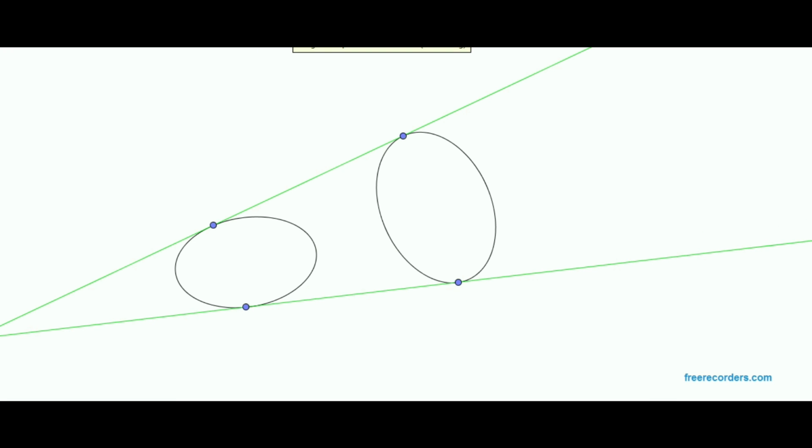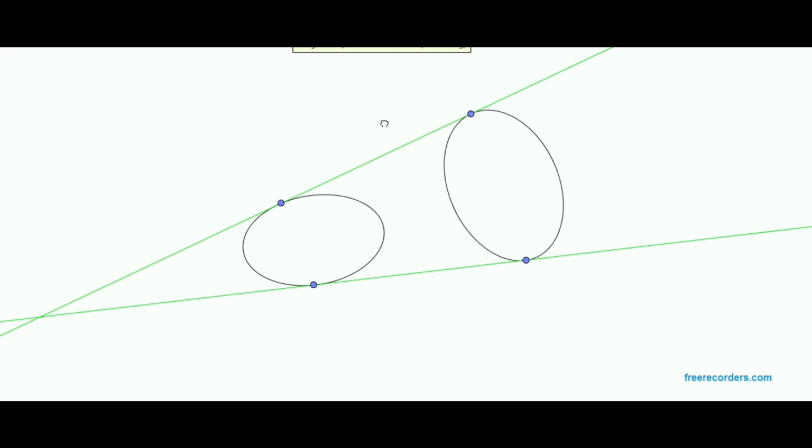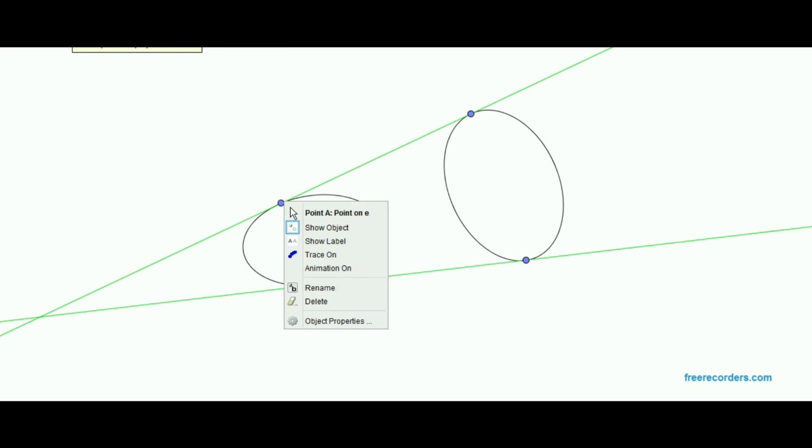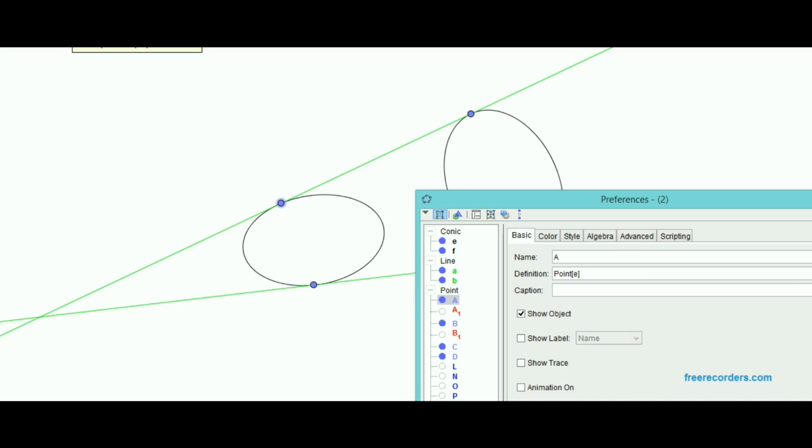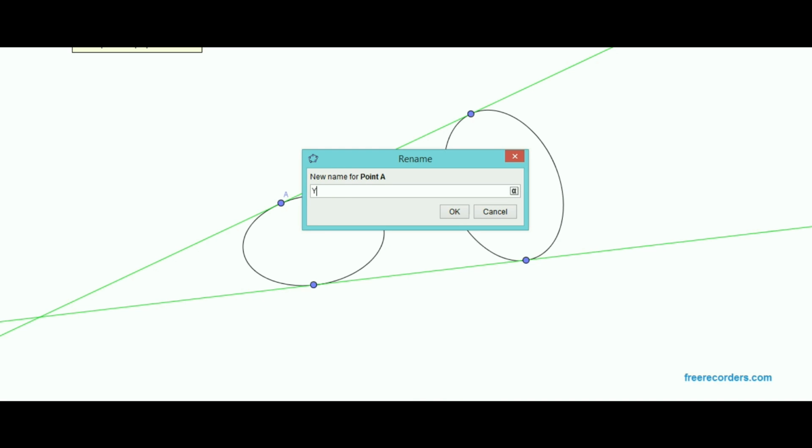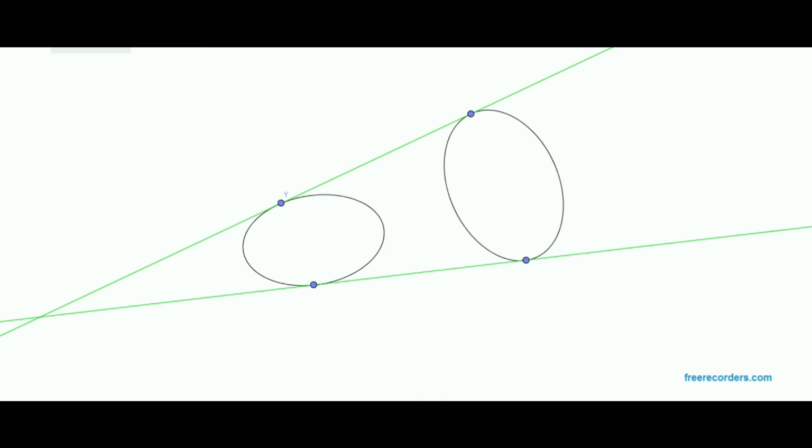So these are the 2 common tangents of these ellipses. And now we're going to label where these tangents meet these ellipses. Okay then, so once we've found these common tangent points, we shall label the point that they meet at and call it O.